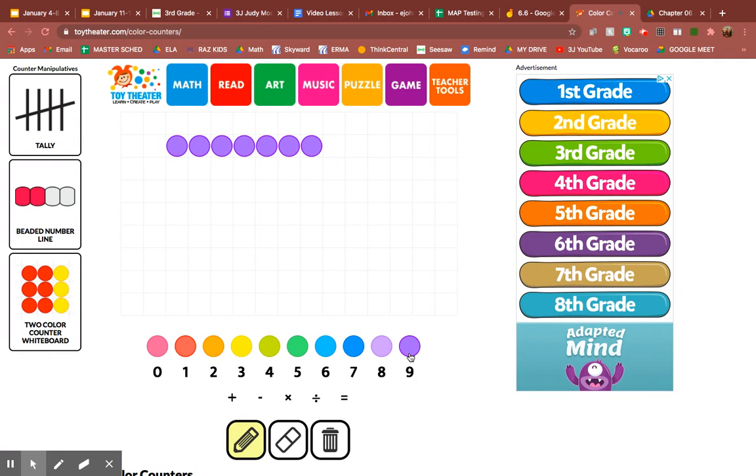There's 1 row of 7. All right, there's 2 rows of 7. So this array goes along with the problem of 14 divided by 2 equals 7, because I have 14 in all, divided up into 2 rows and 7 in each row.